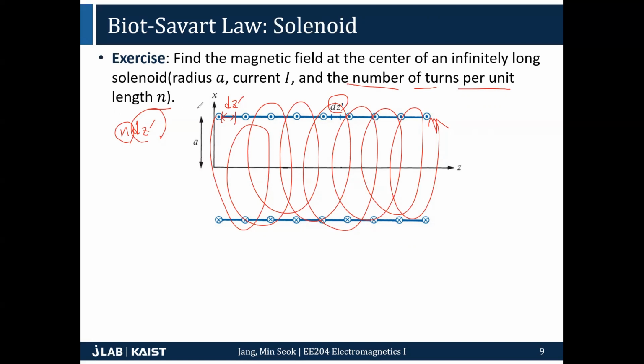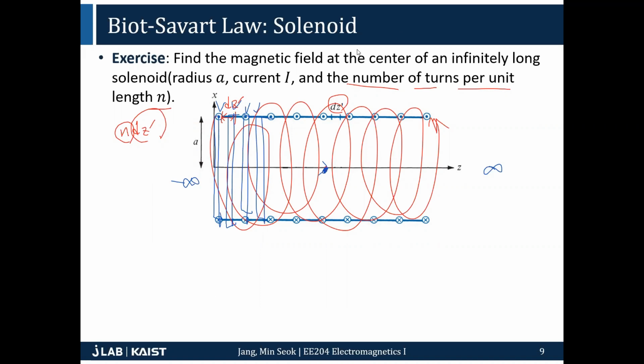So how is this related to the previous problem? If somebody asks you to evaluate the magnetic field at this point, then what you need to do is solve for the magnetic field due to a current carrying loop, and then add them up, from negative infinity to positive infinity.